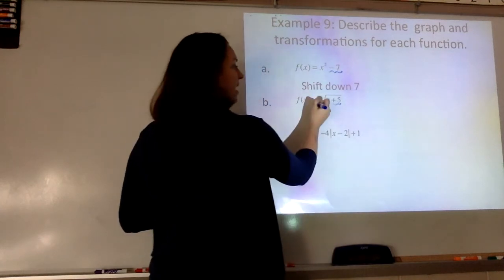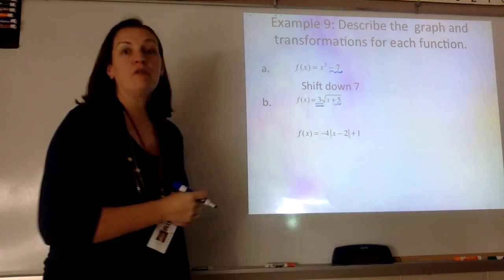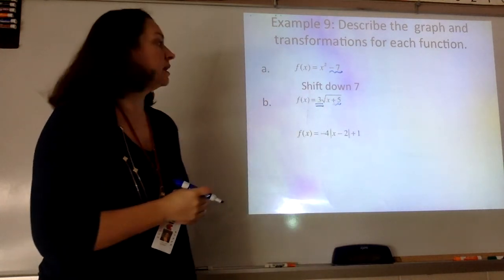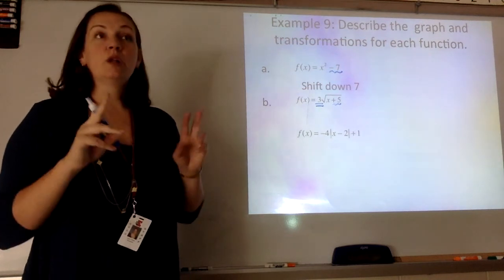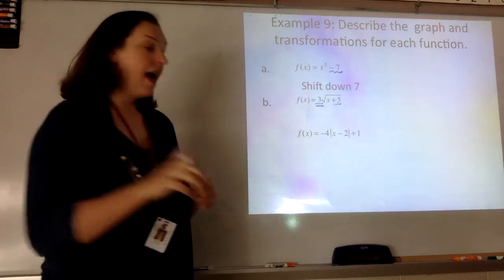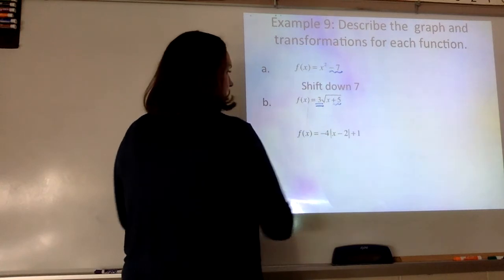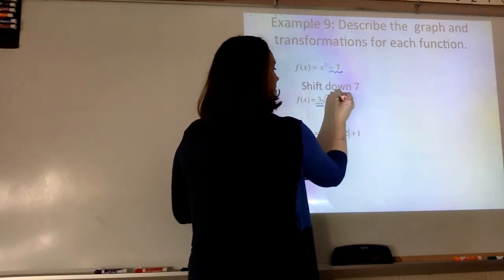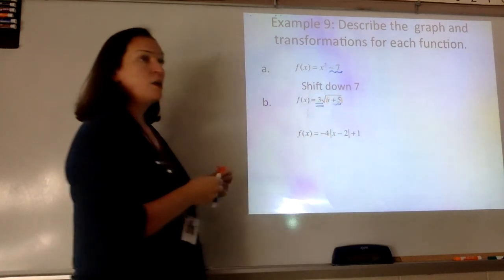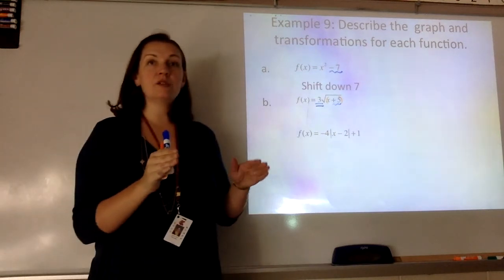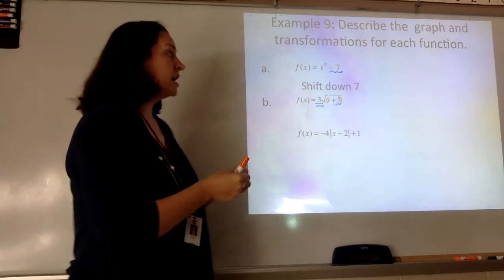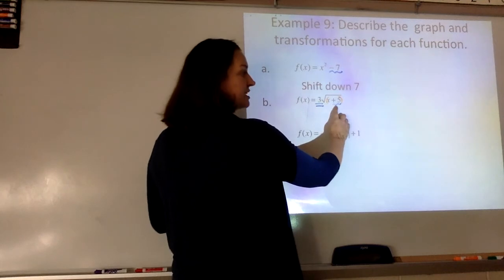In part B, we've got two things to consider. We've got the +5 and we have the 3 out front. Right? The +5 looks like it's at the end. However, as we discussed in class, this is actually understood grouping symbols. So that +5 is going to be an indication of a left-right shift. In this case, it's going to be shifting to the right.